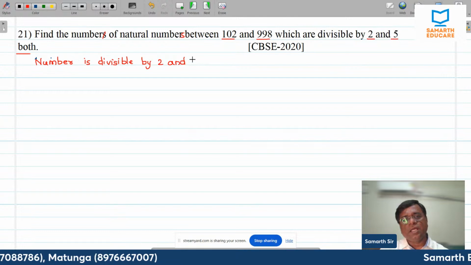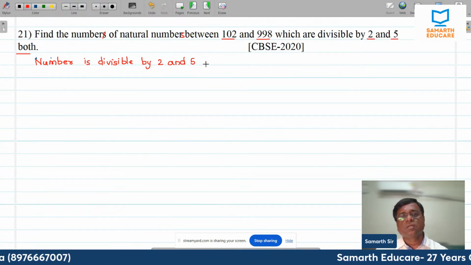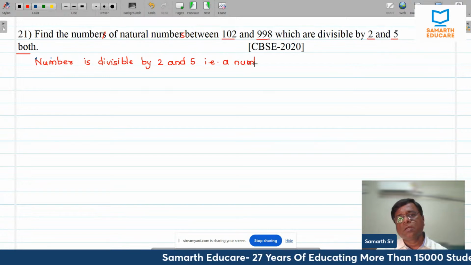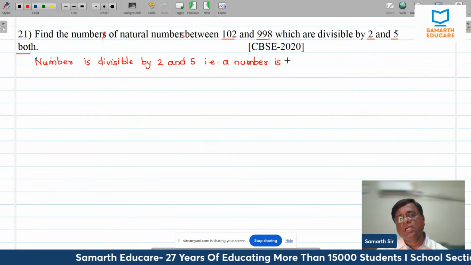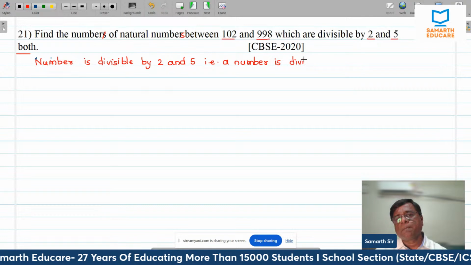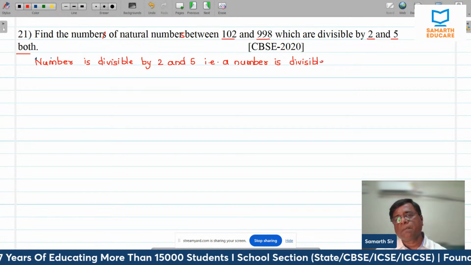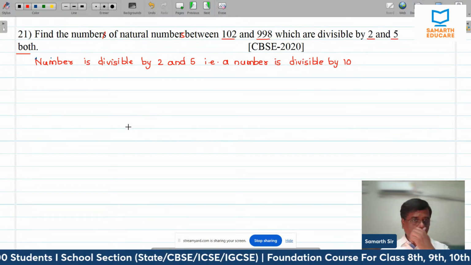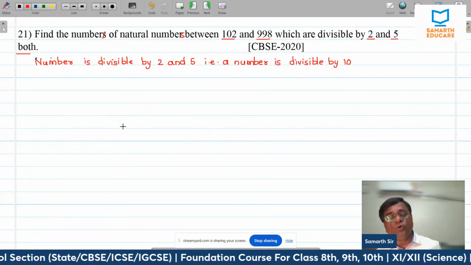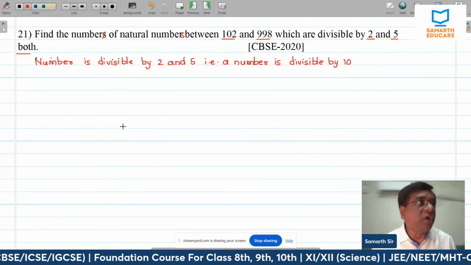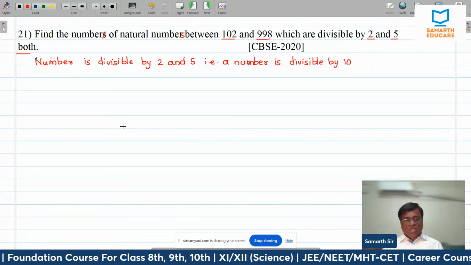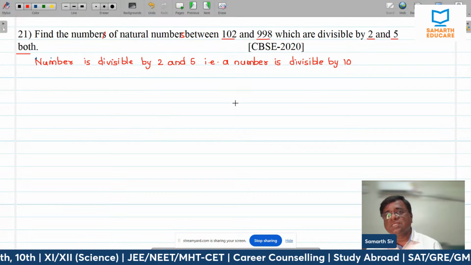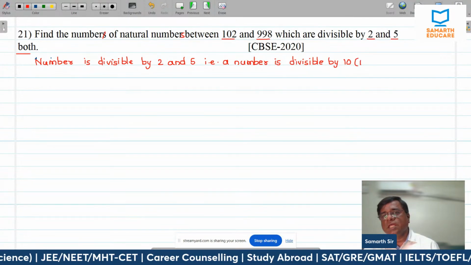When "and" comes here, that is a number is divisible by 10. Now how do I get this 10? So usually people think 10 means you took 2 into 5. Yes, 2 into 5 you can see, which is partially correct, or rather I will not say it is correct. Basically, where am I getting this 10 from?